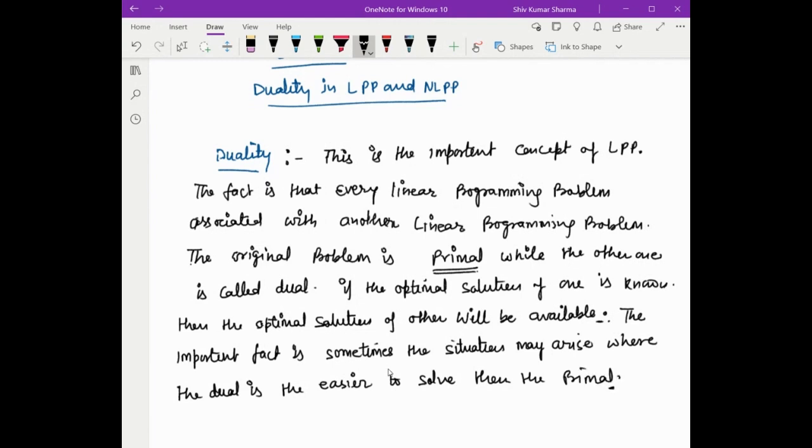Sometimes we cannot solve the problem directly, directly meaning in the primal form. So we take the dual of the problem, and after taking the dual, the problem is reduced to a simple linear programming problem, and we can solve it easily.